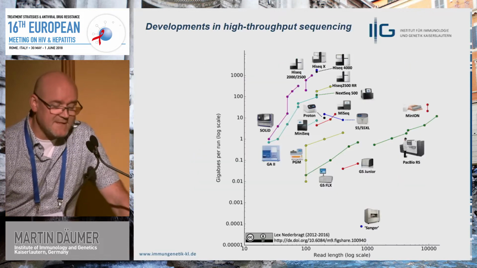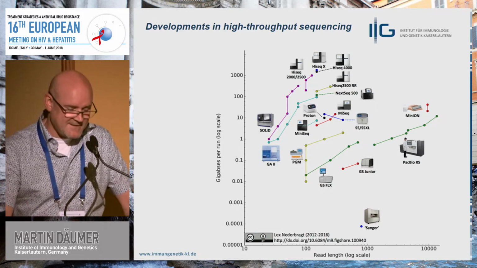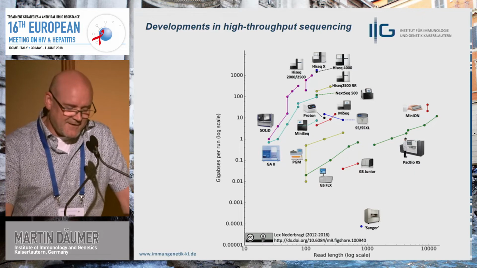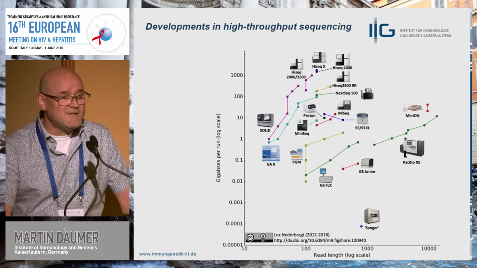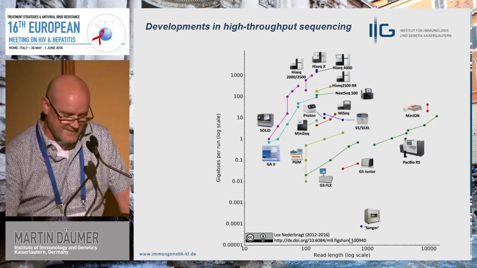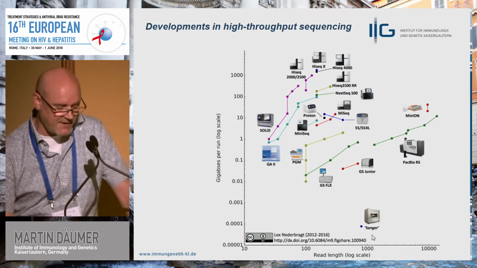So the players in the big game, you see right here, this is a very nice slide coming from Lex Nederbracht. And he was showing the evolution of next-generation sequencing or sequencing itself. And you see right down here, there's the Sanger sequencing providing you with sequence lengths of about 800 base pairs.